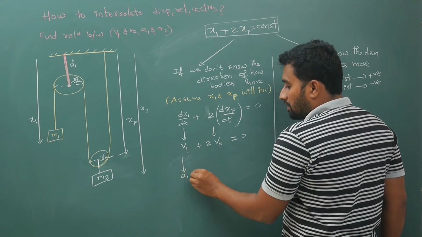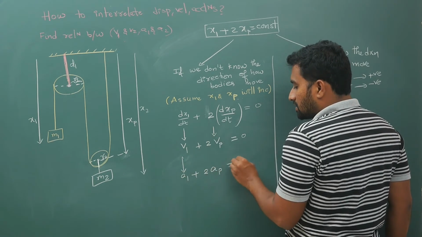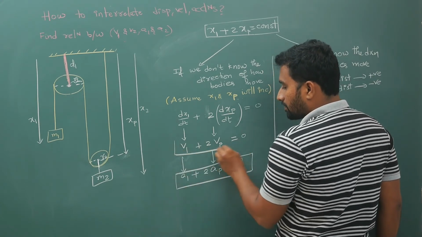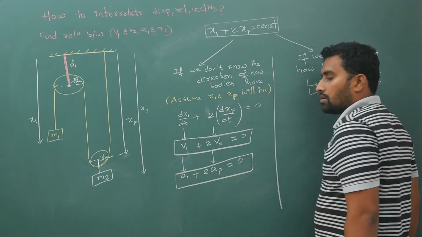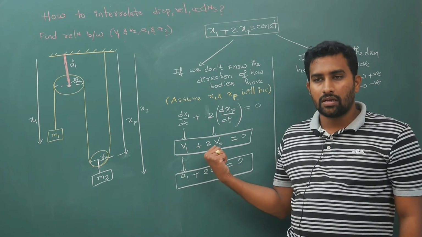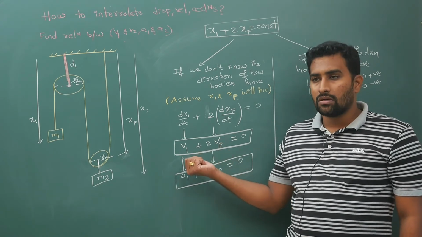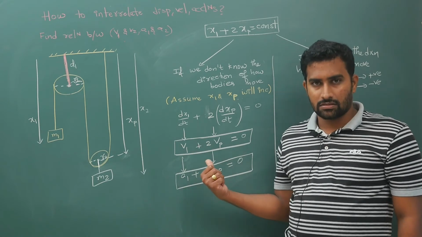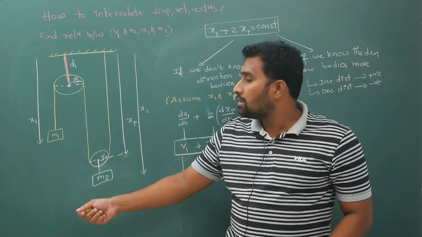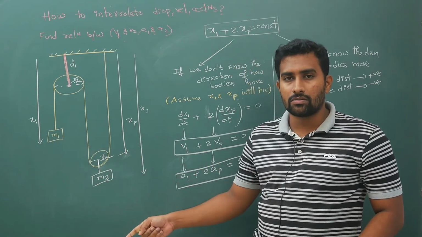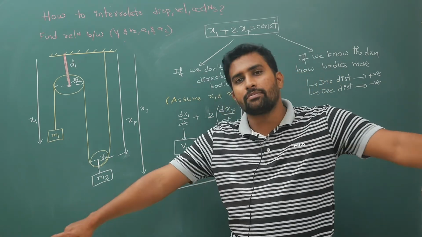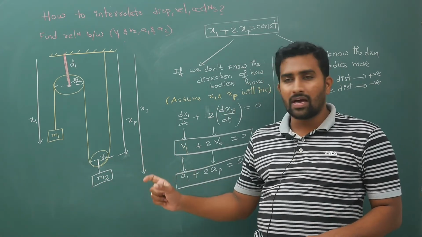Differentiating v1, you will get a1 plus 2 times the acceleration of the pulley is equal to 0. Now observe carefully. If v1 is positive, obviously vp is negative. If vp is positive, v1 will become negative from maths. But because you do not know initially, you just assumed it. Even in the free body diagram, you assume this is coming downwards, this is also coming downwards, and you write the equations accordingly.